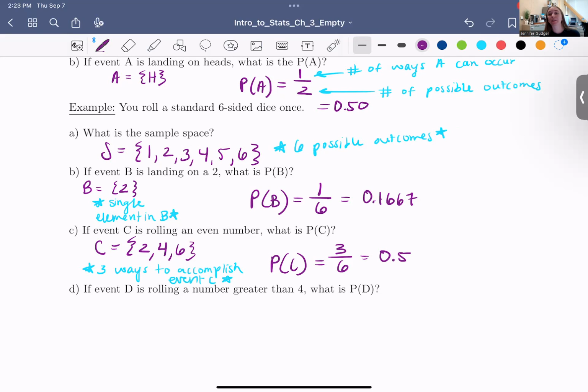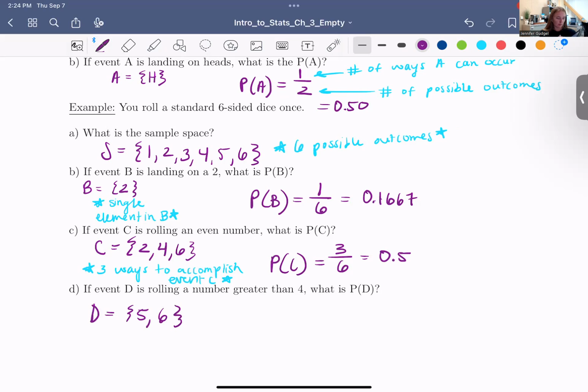All right, finally, if event D is rolling a number greater than 4, ask yourself real quick, out of my sample space, what numbers are greater than 4? Well, the numbers greater than 4 are 5 and 6. It doesn't say 4 or greater, because then we could include 4. It's just the numbers strictly greater than 4. So 5 and 6.